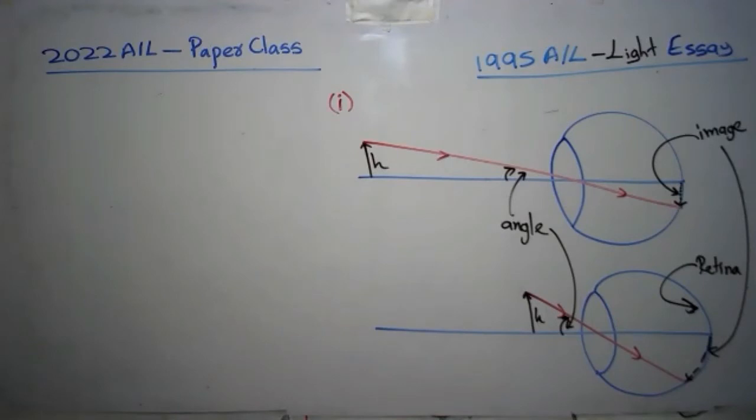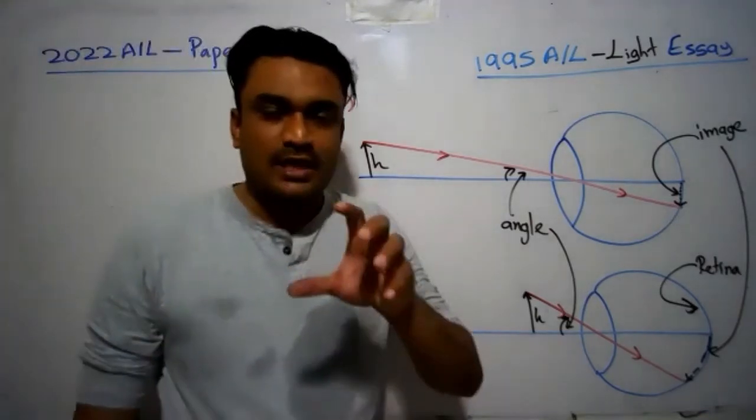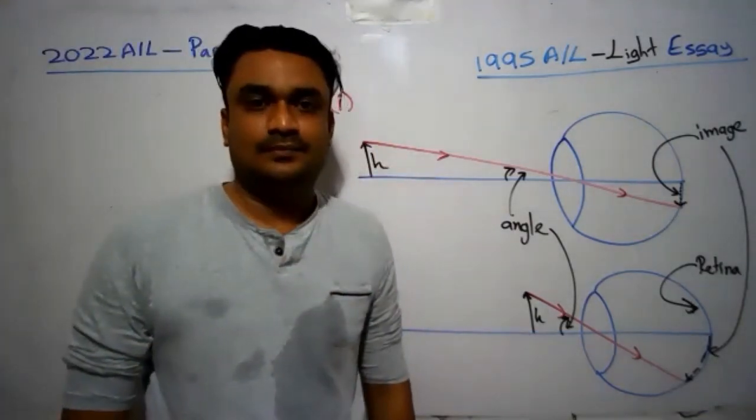So the telescope is in normal adjustment. Calculate the magnifying power of the telescope. Derive any formula that you may use. That's the point.